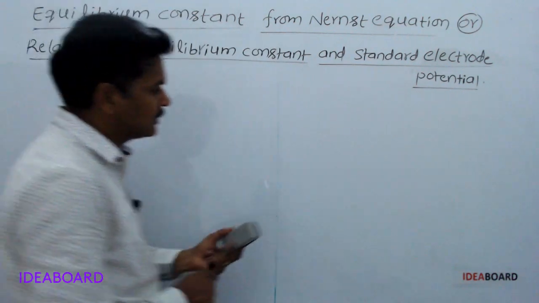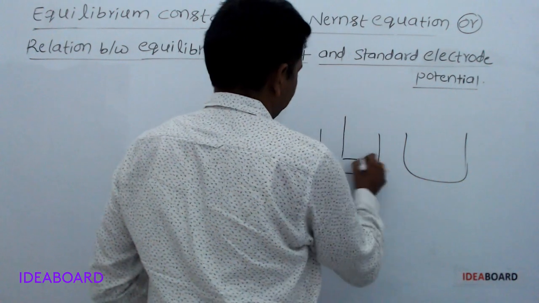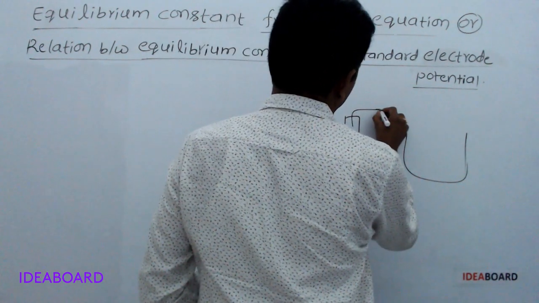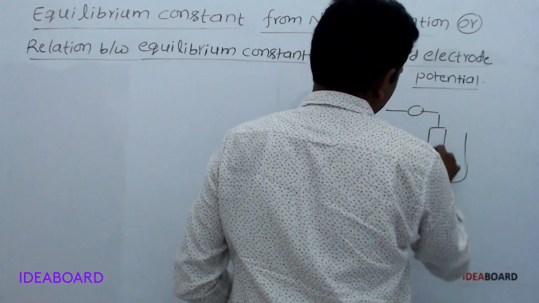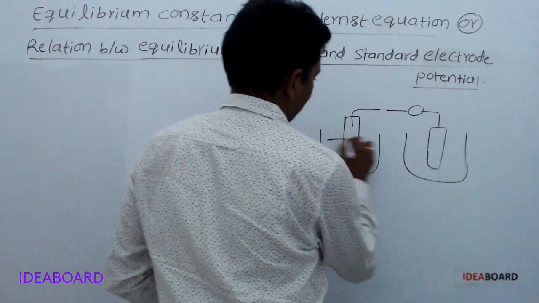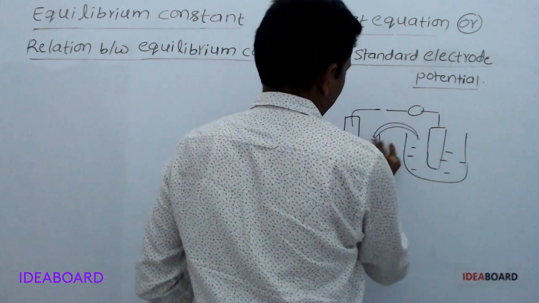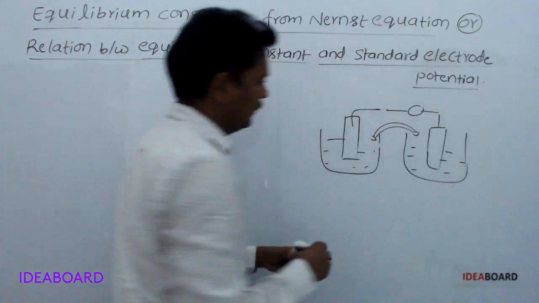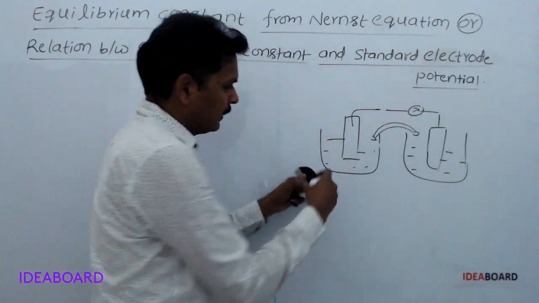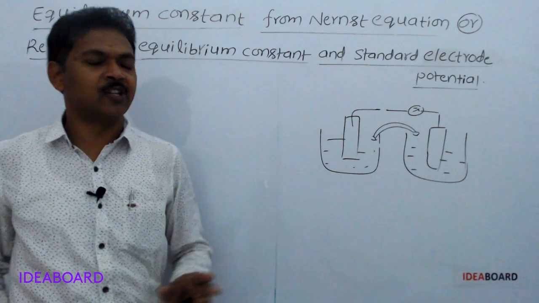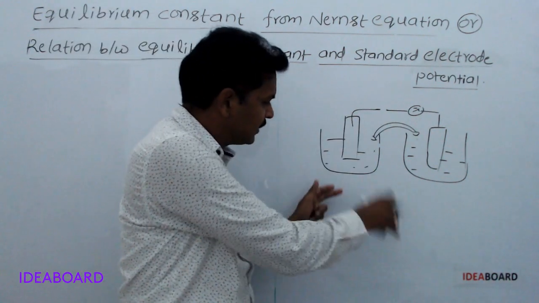So already we know that in the galvanic cell, this is galvanic cell or Daniell cell. In the left hand side of the cell, zinc rod is dipped in zinc sulfate solution.